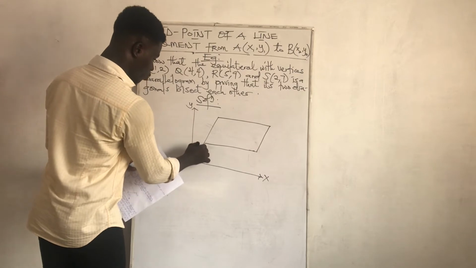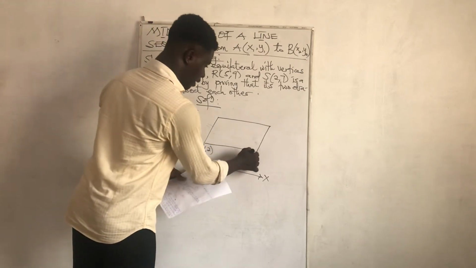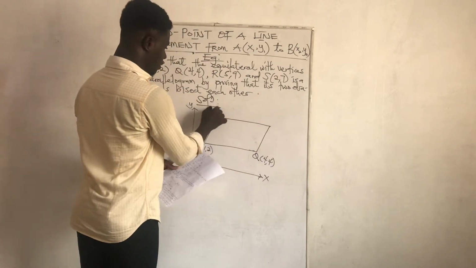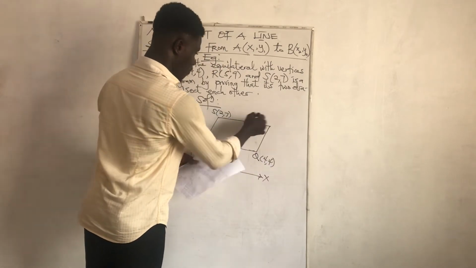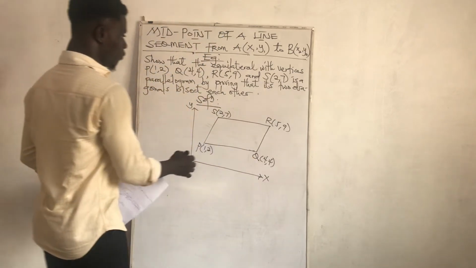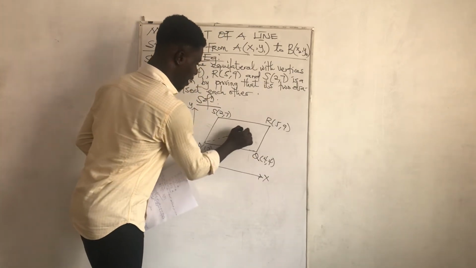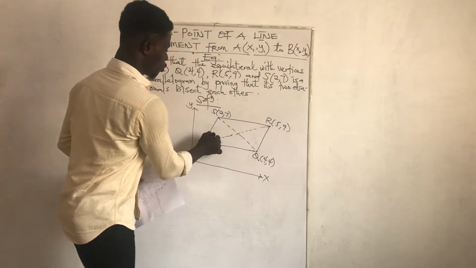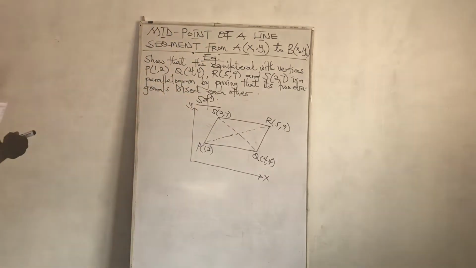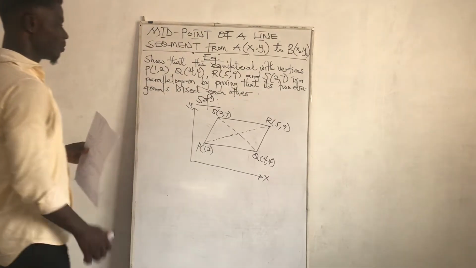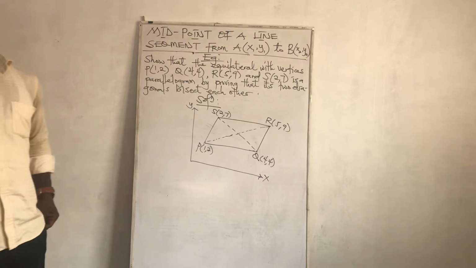Point P, which is (1, 2), then point Q (4, 4), then point S (2, 7), then point R (5, 9), right? So we want to show that the diagonals bisect each other.